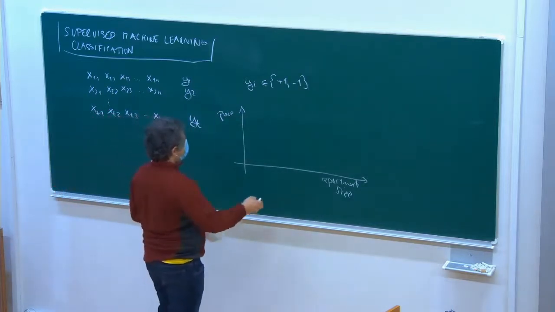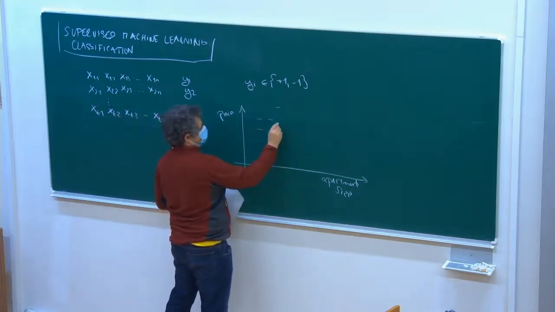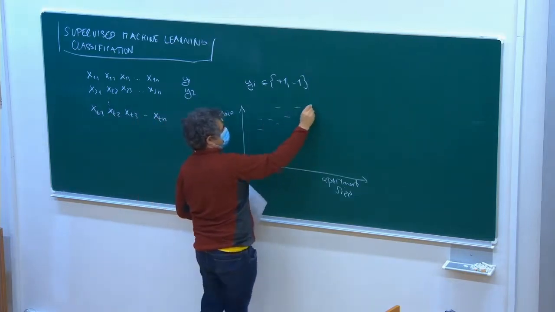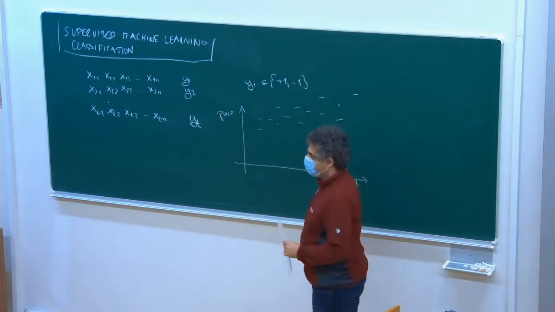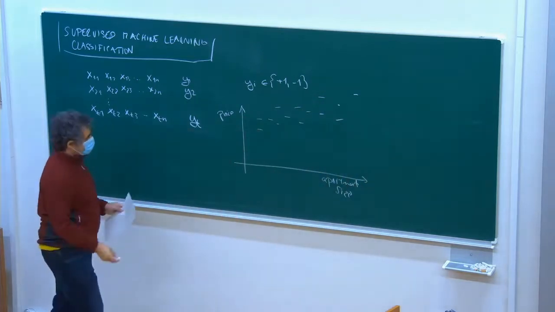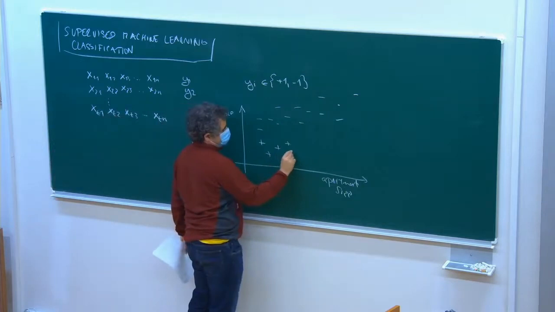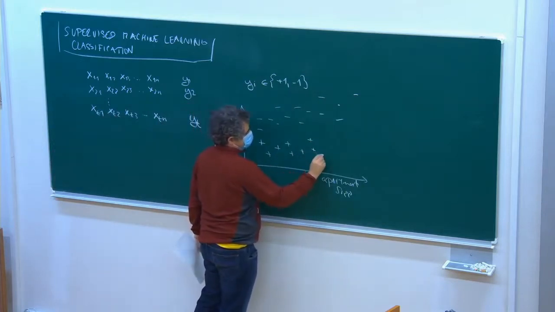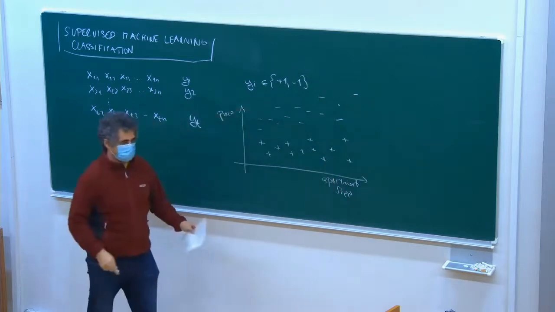Okay? So probably this will look something like this. These will be examples that fall something like here. They will be minuses, right? Because there will be -1s, and the ones that come here will be +1s.